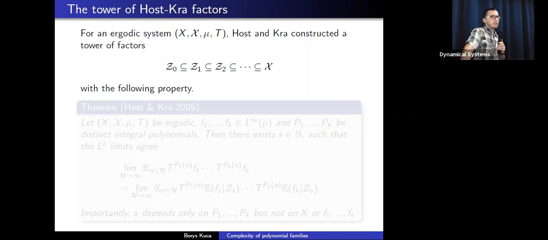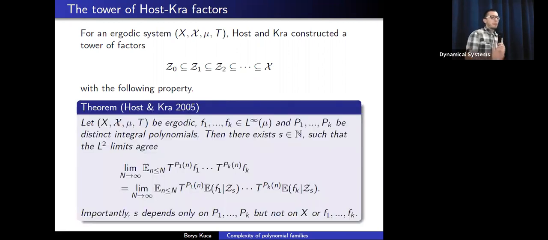These factors satisfy the following important property: if I have an ergodic system, finitely many functions, and distinct integral polynomials, then there exists some number S such that the following L2 limits agree, meaning that the first limit remains unchanged if we project every function onto the ZS factor. And the important thing here is that the number S depends only on the polynomials, but it does not depend on either the system or the functions that we choose.